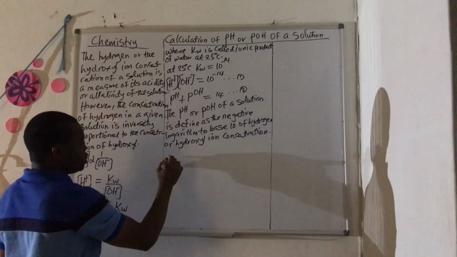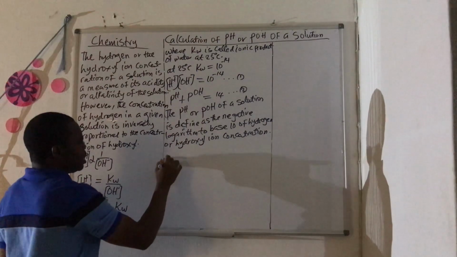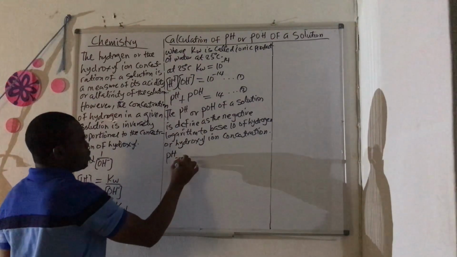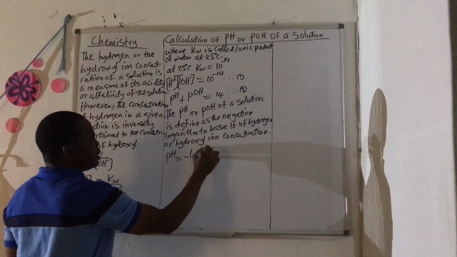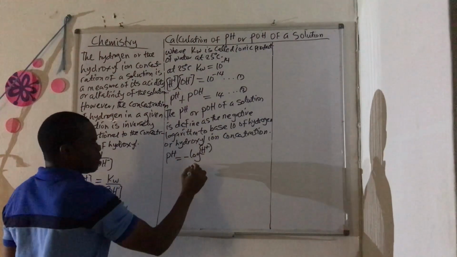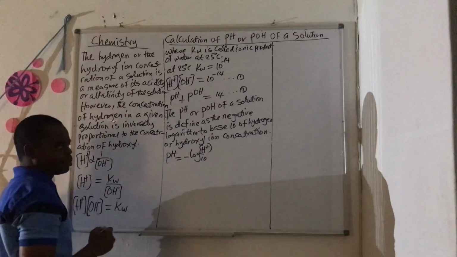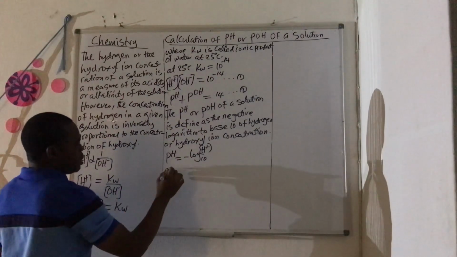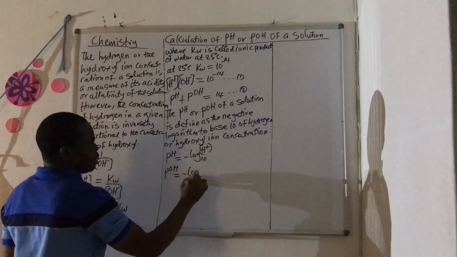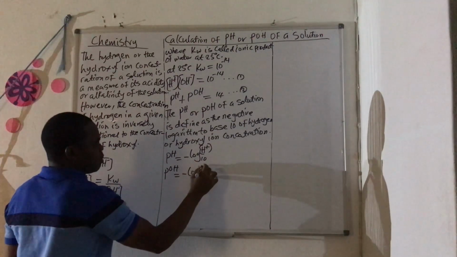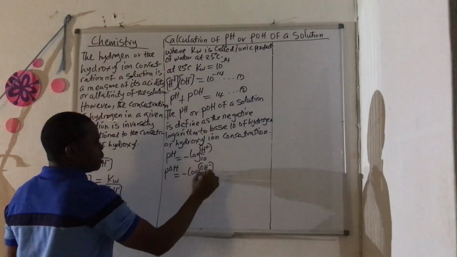So to write this definition, it means that the pH of a solution is equal to minus log hydrogen ion, base 10. Or we can write the pOH of a solution is equal to the negative logarithm to base 10 of hydroxide ion concentration.